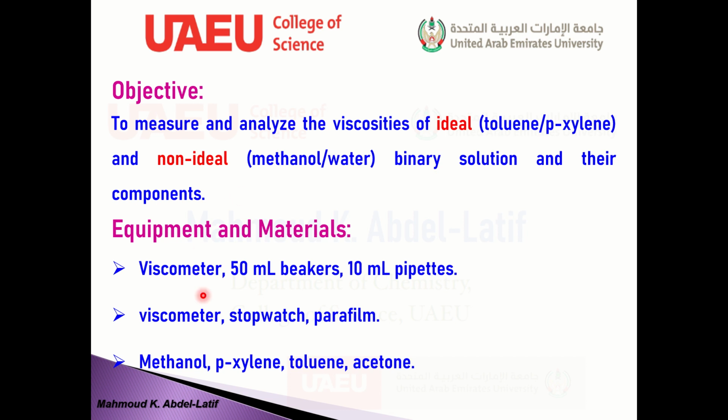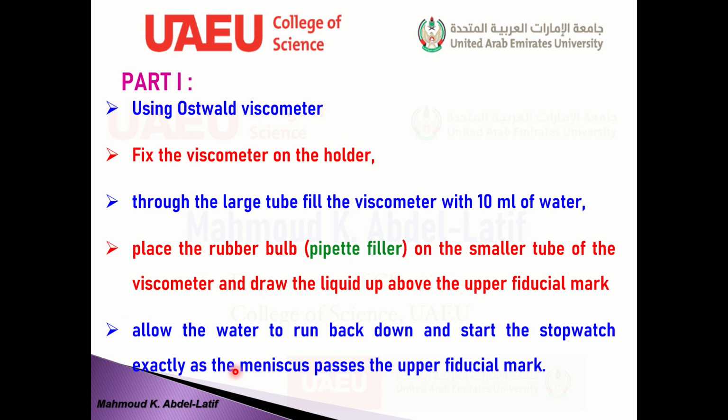We are going to use an Ostwald viscometer, 50 milliliter beakers, 10 milliliter pipettes, a pipette filler, a stopwatch, methanol, paraxylene, toluene, and acetone. Part one is for the non-ideal solution, and part two is to measure viscosity for the ideal solution.